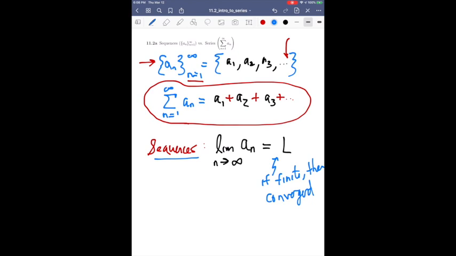The idea for series convergence isn't going to be as easy as we'll see in a couple moments. But before we do that, let's just go over a few examples of how to just think about infinite series.